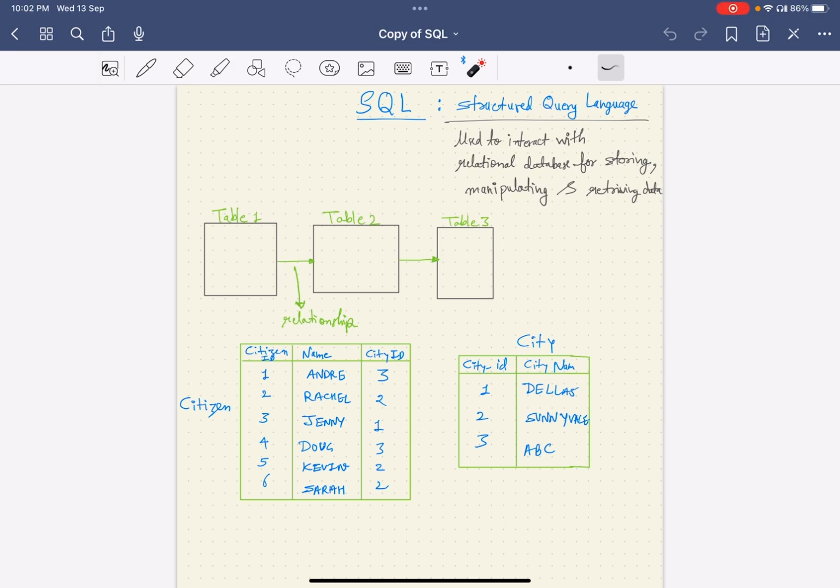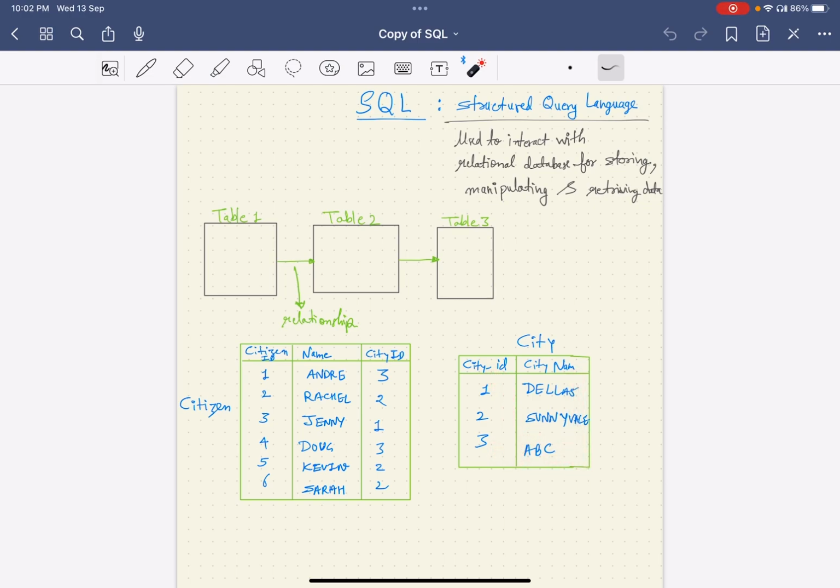Let's take one example. Suppose we have two tables, one is the citizen table and another one is the city table. The citizen table contains information about citizens, so we have the citizen ID, the name of the citizen, and the city ID. Now we have the city table also, which has the city ID and the city name.